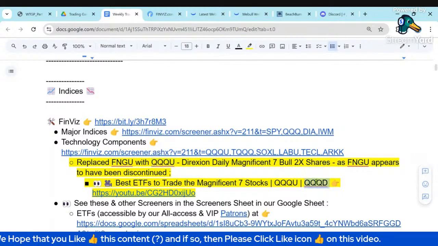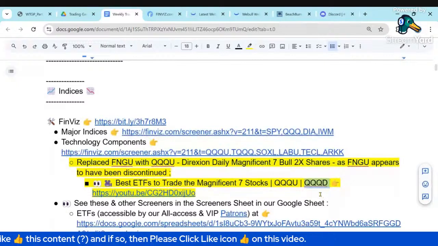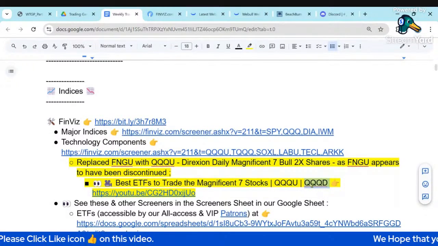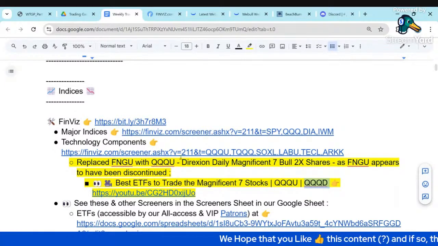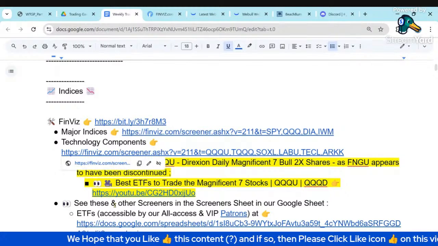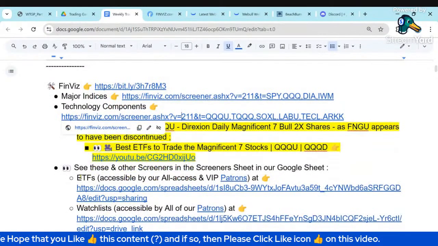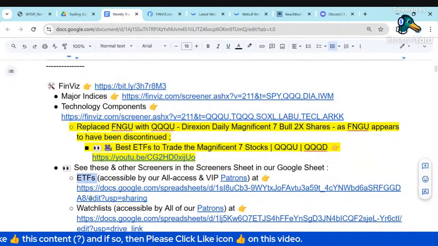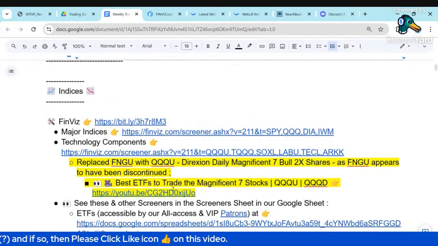And the inverse for QQQU, the leveraged short on the Mag 7s, is QQQD. So we'll use those going forward to watch the Magnificent Seven stocks. And I've replaced those screeners in our screener sheet in the ETFs and Watchlist Google Sheets as well.